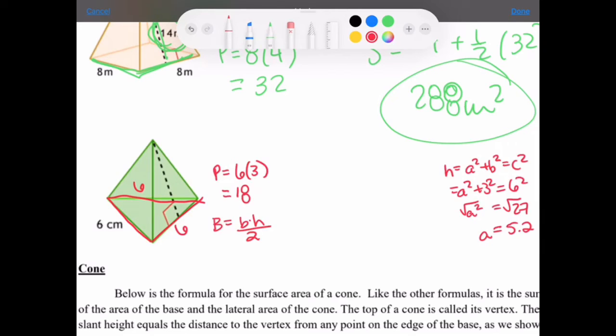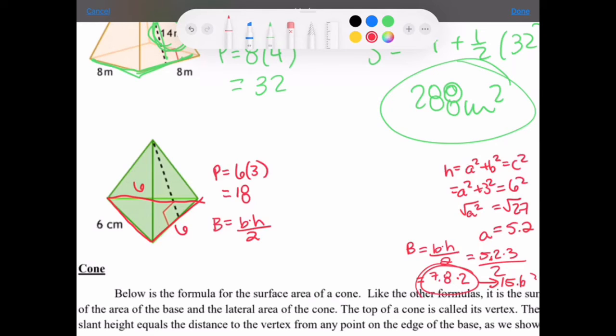Alright, so now we can use that to find the base area. The base area is base times height divided by 2, which is 5.2 times 3 divided by 2, which is 7.8. After all that, we are going to multiply by 2, however, because we're breaking that down into 2 triangles, the base. Okay?